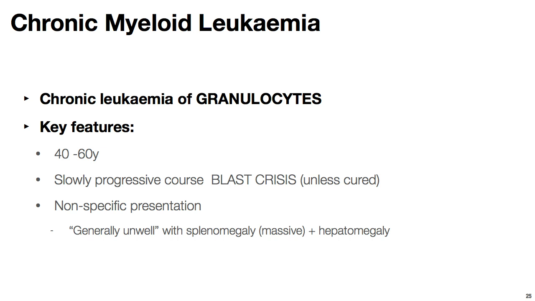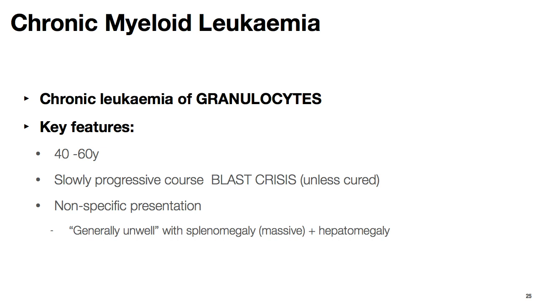And this results due to translocation of ABL on chromosome 9 and BCR on chromosome 22, resulting in formation of the BCR-ABL protein, which through activation of tyrosine kinase signaling pathways causes dysregulation of various cellular processes.